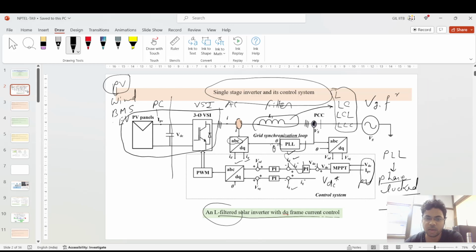After that, the ID and IQ values are controlled using the PI based controller. Then VSD and VSQ, the source voltages from the grid side, and the theta value from the PLL are used. Then the PWM signal is generated, which is fed to the three-phase VSI.